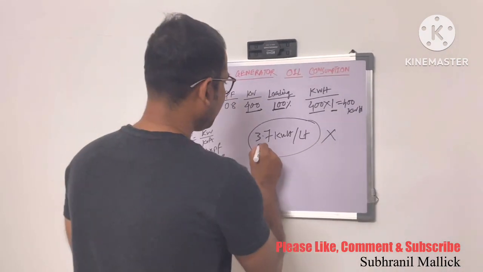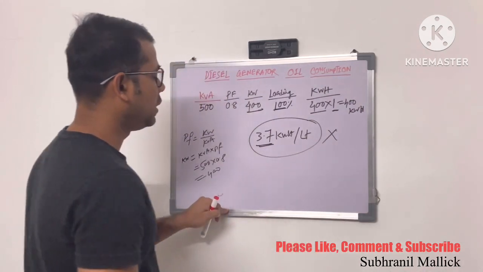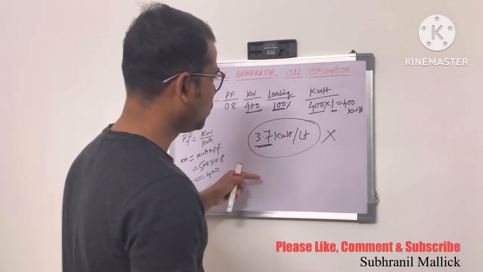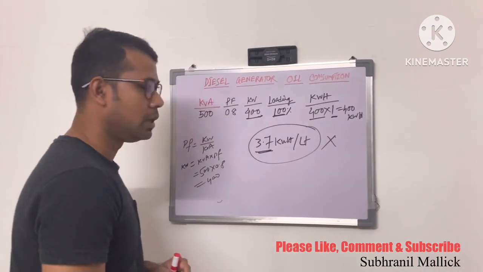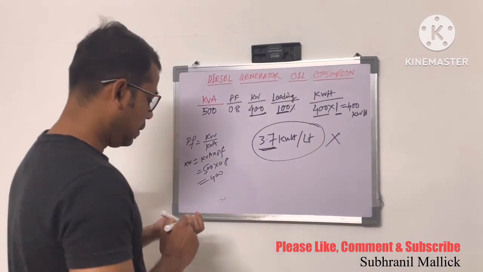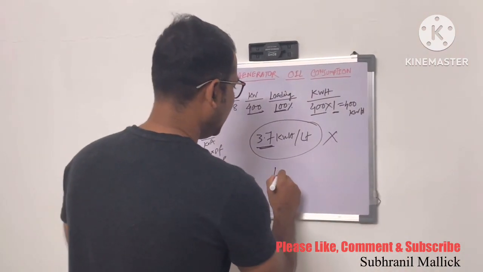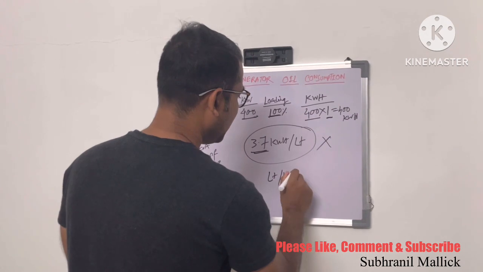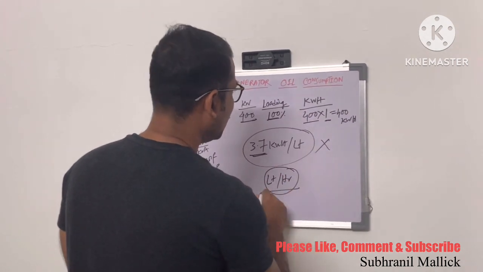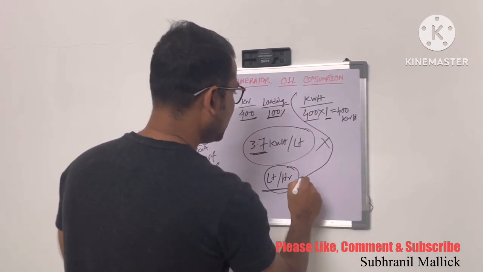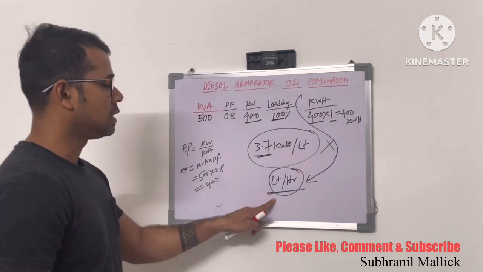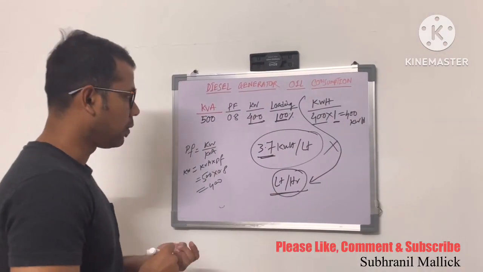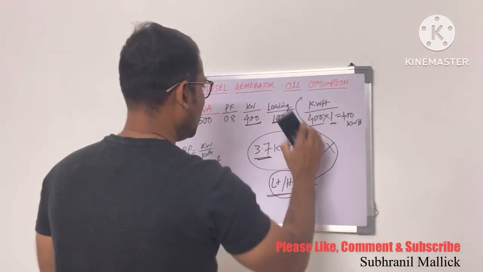It means that 3.7 kWh of energy is produced utilizing 1 liter of diesel. But we have to answer in liter per hour. Always remember, the oil consumption of a diesel generator should be expressed in liter per hour.